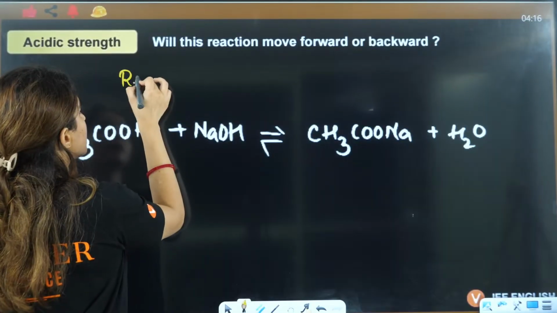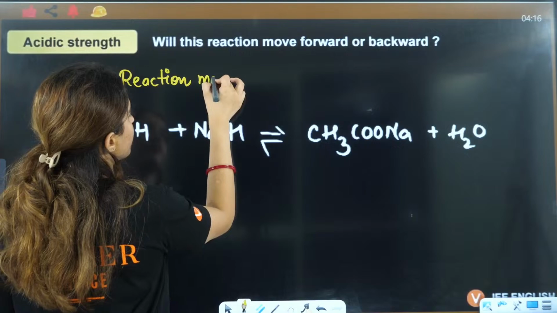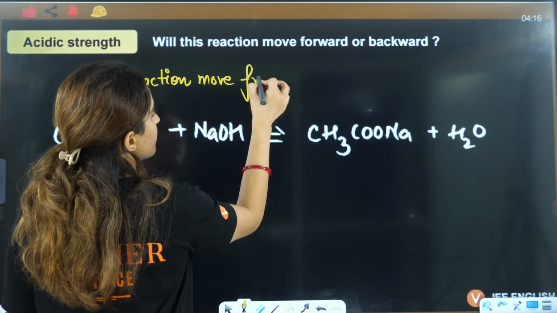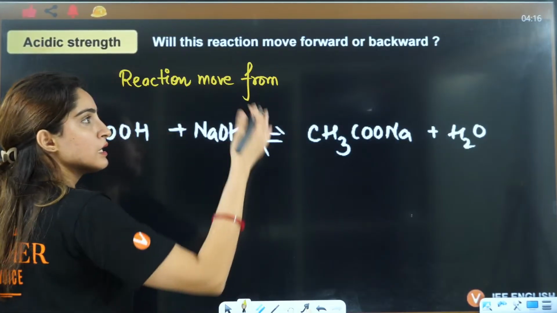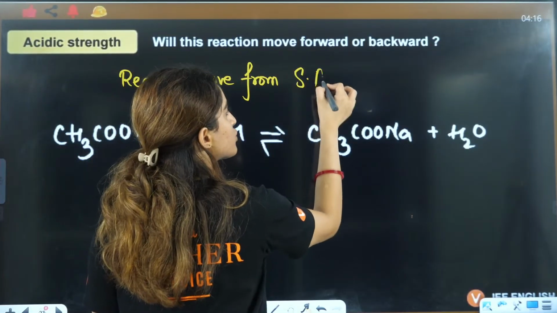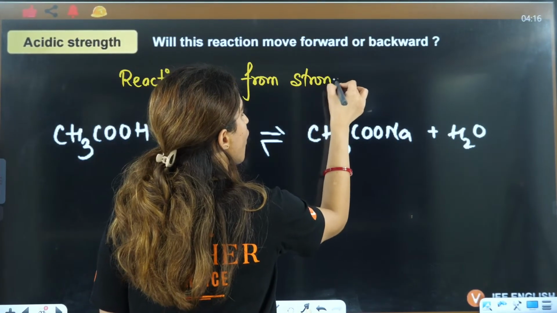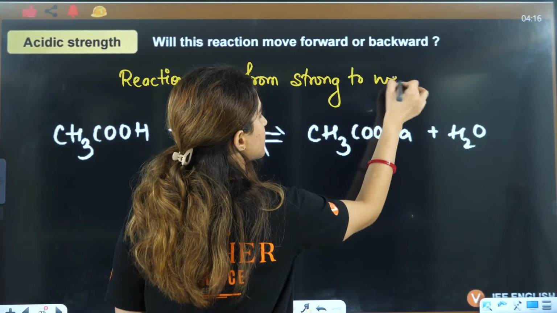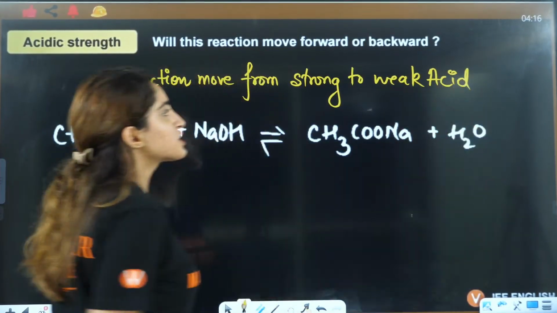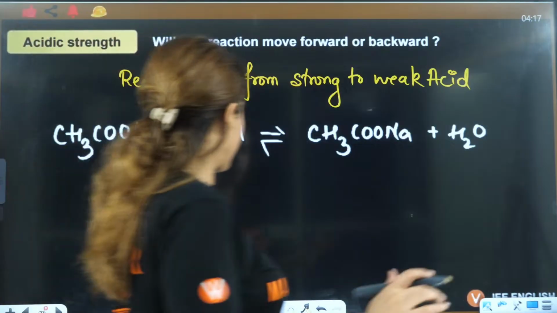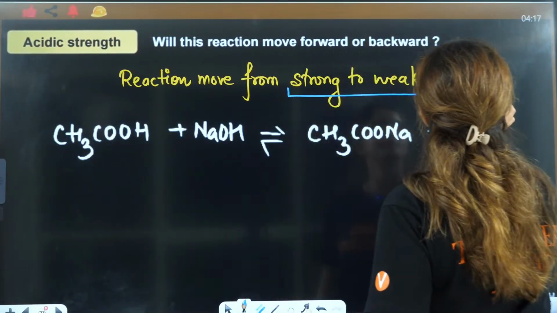Write it here: reaction will always move from strong acid to weak acid, okay? Strong to weak acid. Reaction will always go in a direction from strong acid to weak acid.